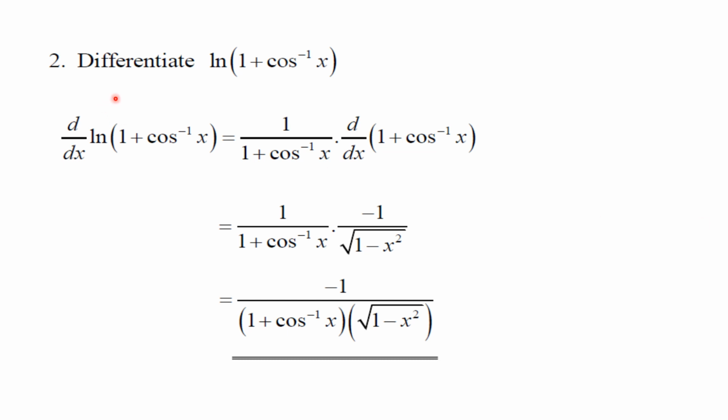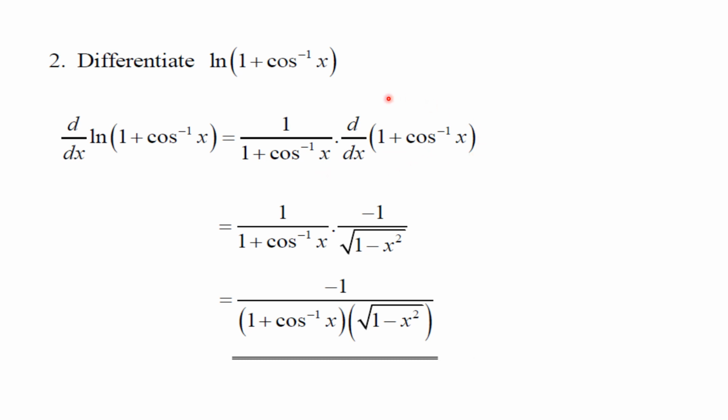Next example, if you have a question that says differentiate ln of something. Recall that when you differentiate ln f(x), it will be f prime x over f(x). So f prime x here is the differentiation of this, over this, which is your new f(x).